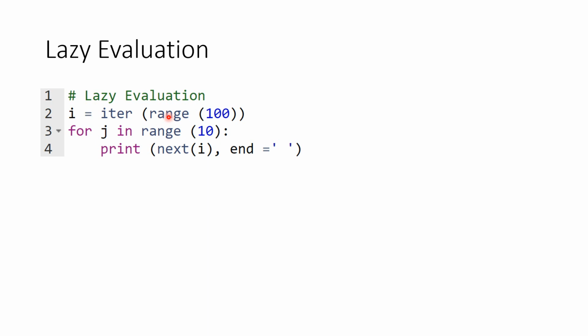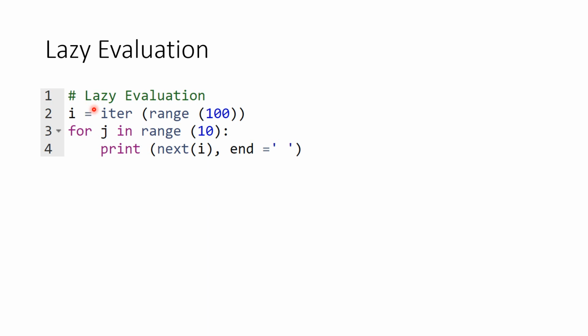If you want to get an iterable object, then we can use the iter function, passing range of 100 as an argument, and that will produce an iterable object ranging from 0 to 100. Now among these 0 to 100 values, I want to use only some values, that means only the first 10 values.